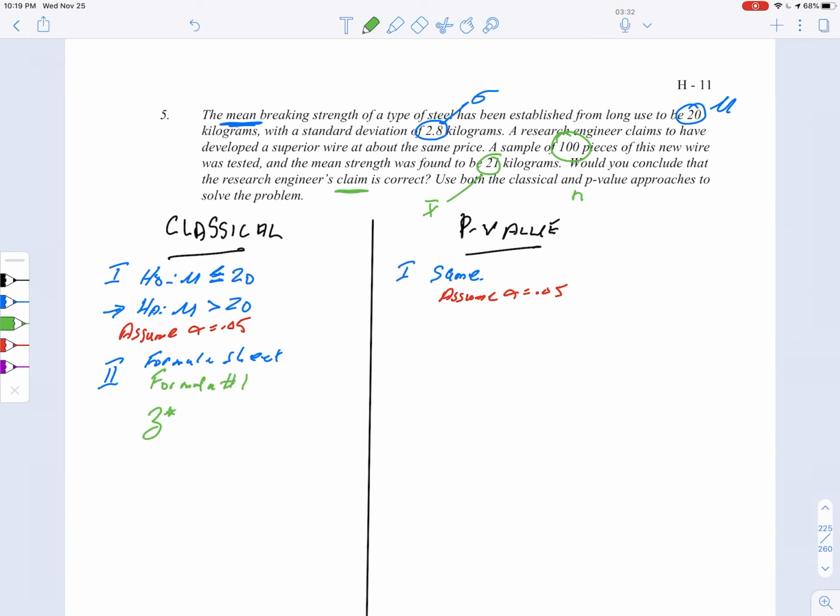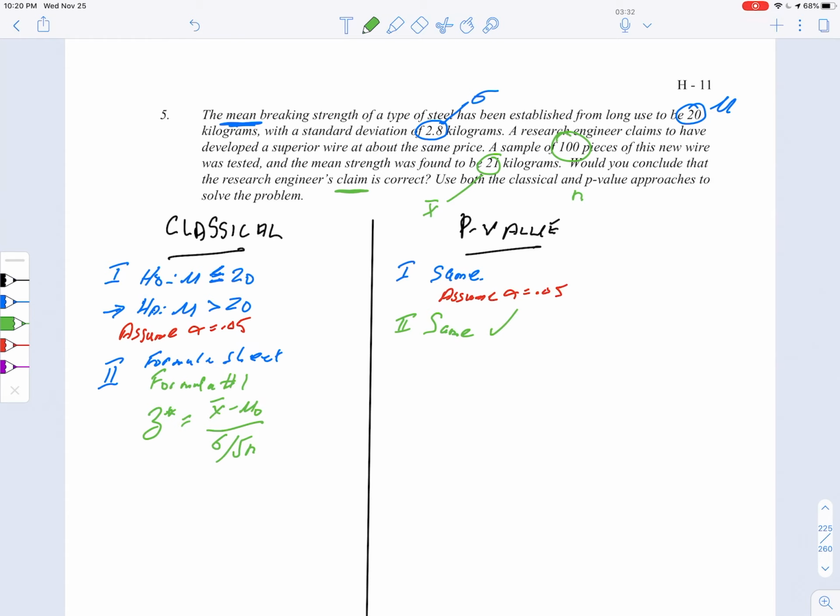That Z star, that's how I draw my Zs. You can do it however you want, is x bar minus mu naught, or hypothesized mu, over sigma over the root of n.